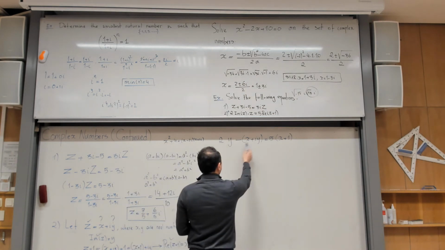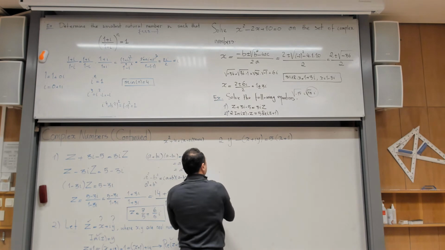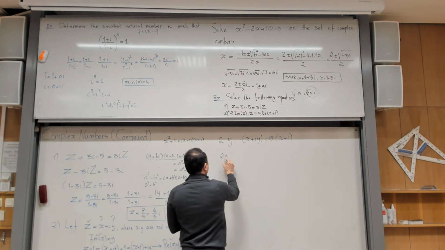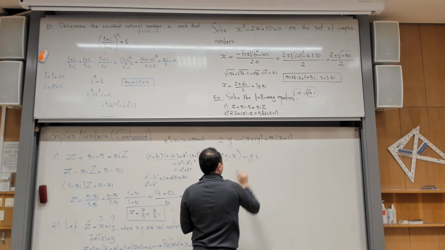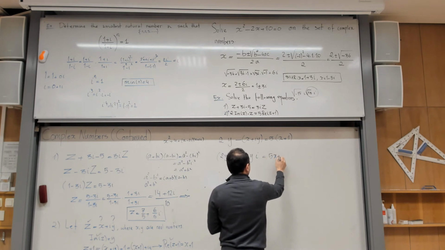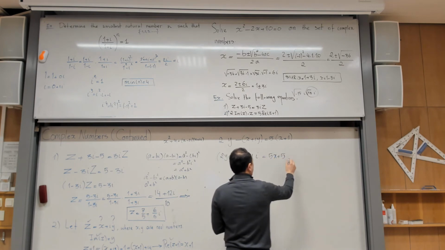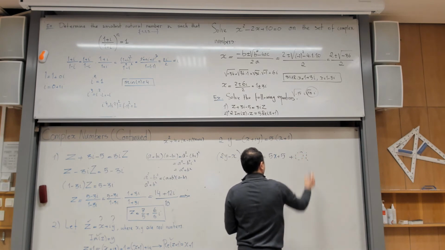But you have to simplify things a little bit. On the left-hand side, I can write 2y minus x as the real part of the left-hand side, minus y times i. On the right-hand side, I will have 5x plus 5. If you want to, you can imagine 0 times i, yes?